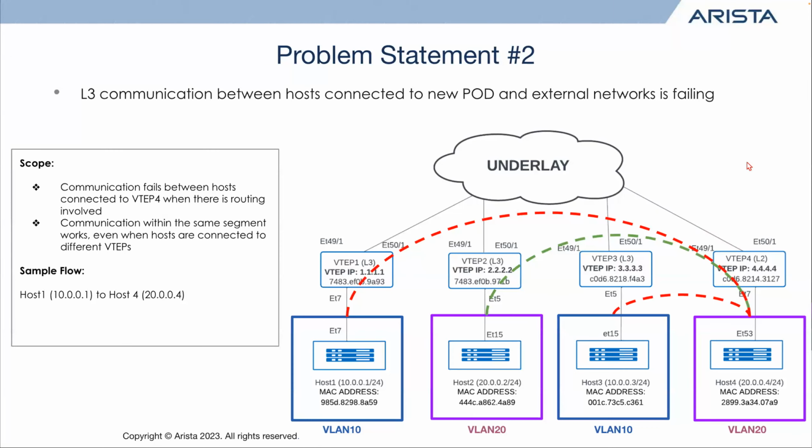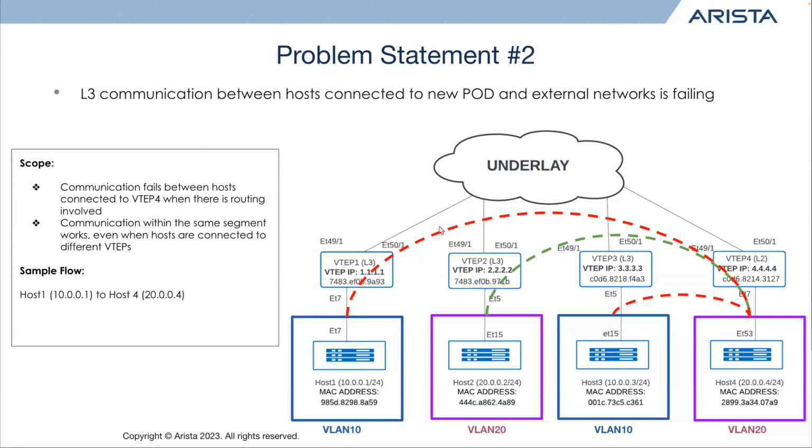In this case, we have a problem that affects the communication between hosts that are attached to a new pod, a new VTEP that has been integrated to the network. And those hosts are capable of establishing connectivity with other hosts connected to remote VTEPs, but only within the same segment.